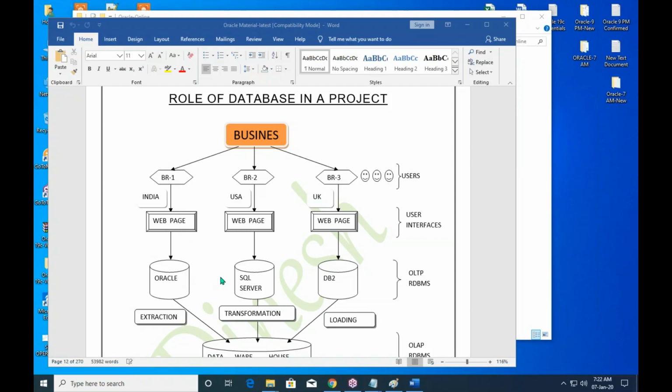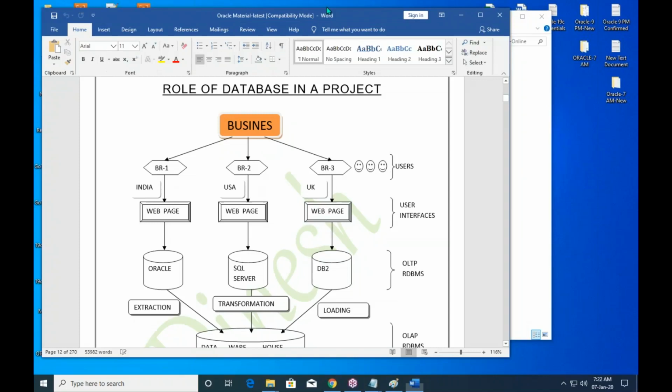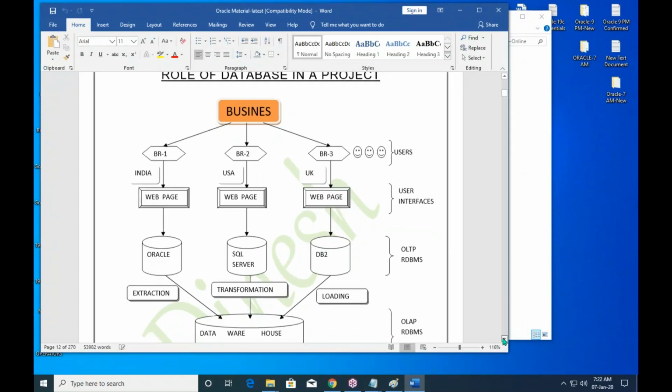under backend database servers. See these 3 servers. Here I am maintaining 3 different databases for 3 branches. You can also maintain the same RDBMS company, like Oracle, Oracle, Oracle. You can also maintain the same database for your business. That's not a problem at all.